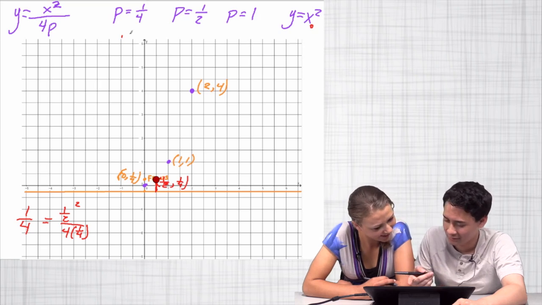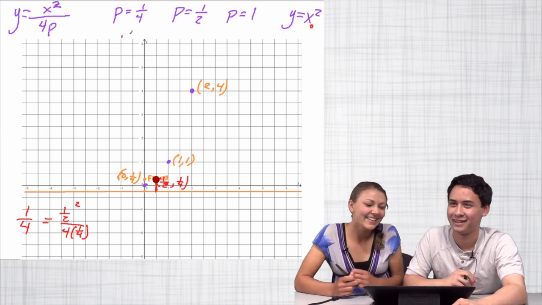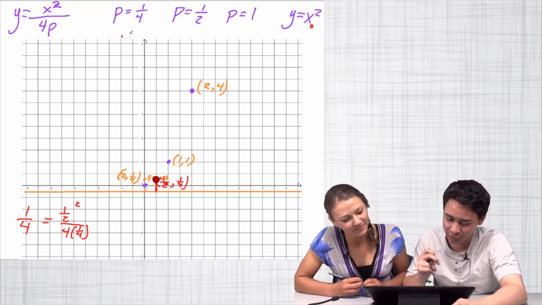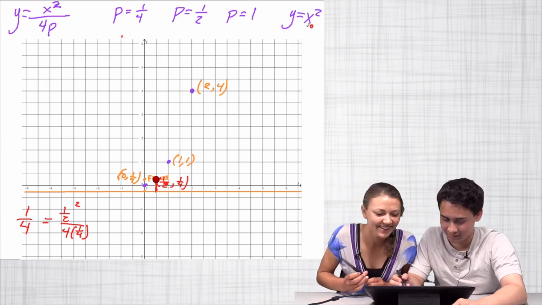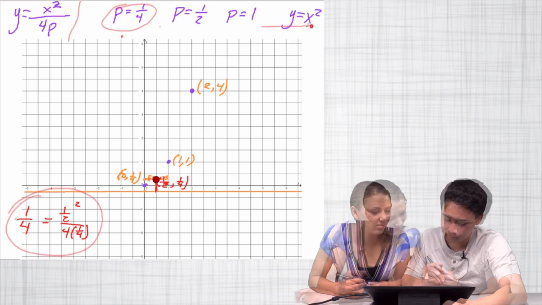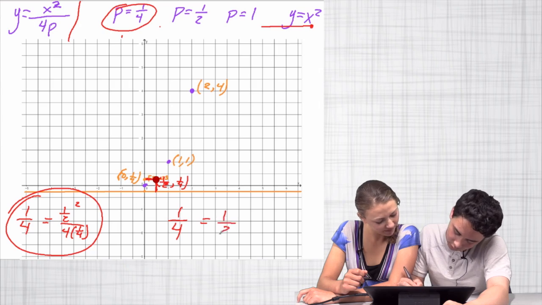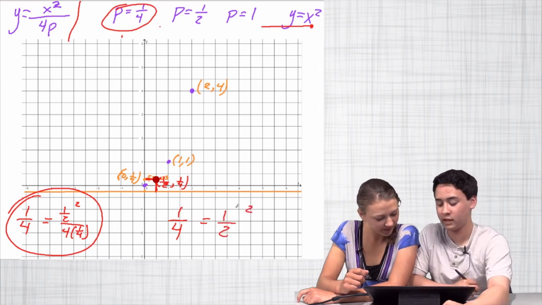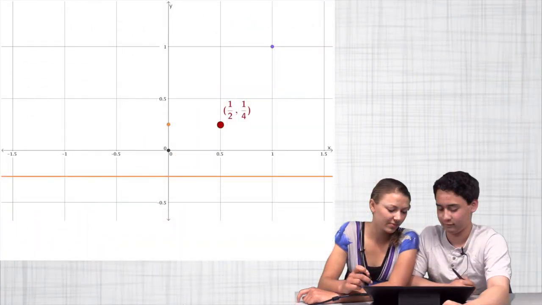So y equals x squared. Why is it the same thing? If we use what you wrote there, what is in the denominator? What is 4 times 1/4? So then you end up with 1/4 equals 1/2 squared. And is that true? Yes. 1/2 squared is 1/4. Okay, good.